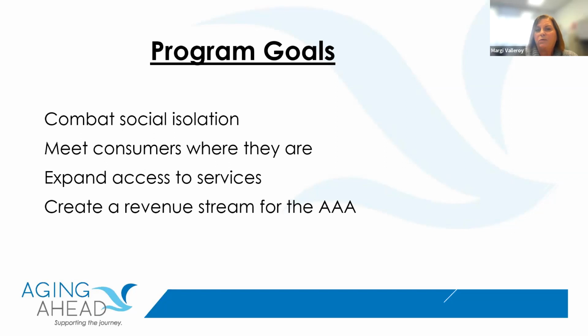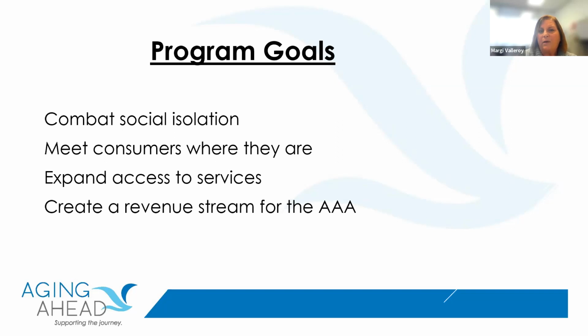So we're bringing our resources right to them, to their door, if you will, and also expanding the access to services. Our staff who are located at these apartment complexes are all professionals who we also have as our community options specialists.